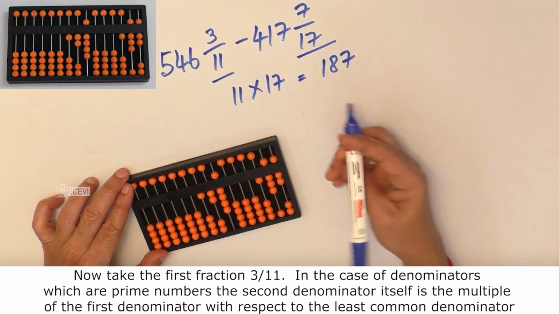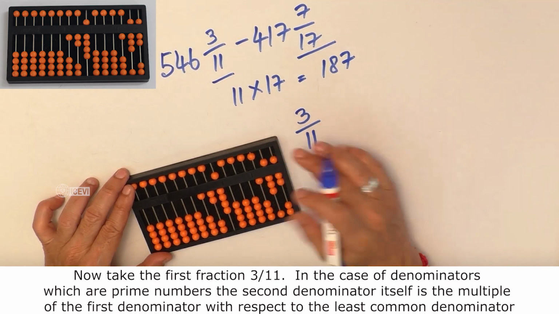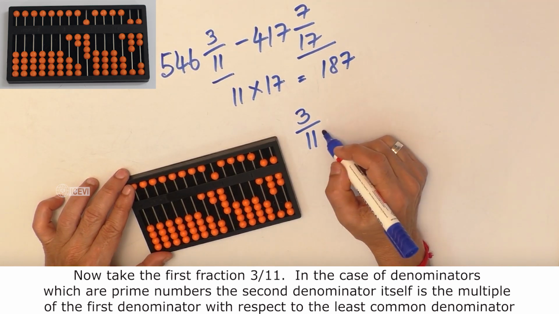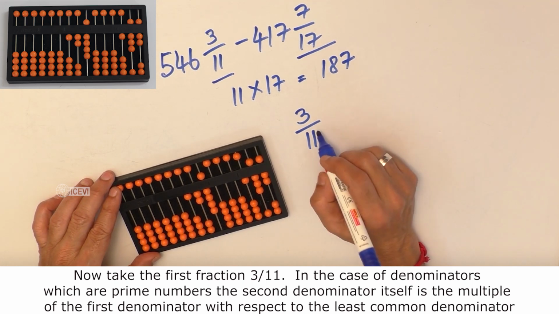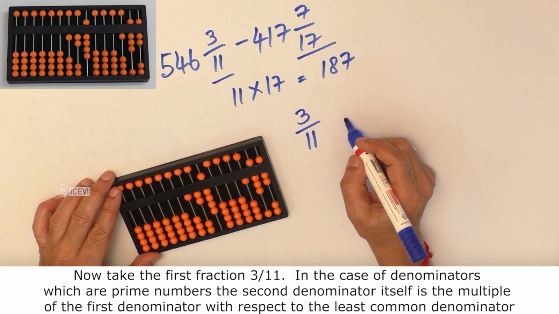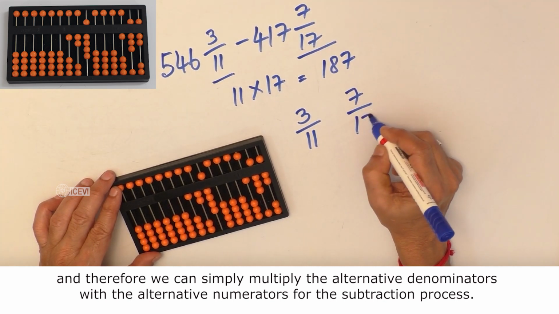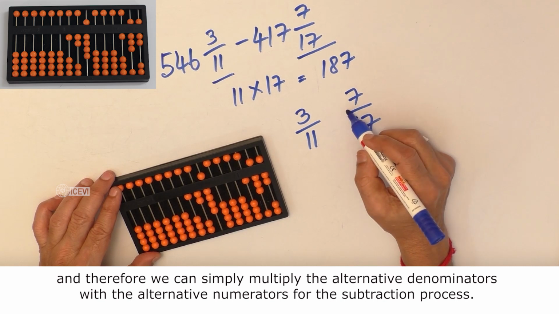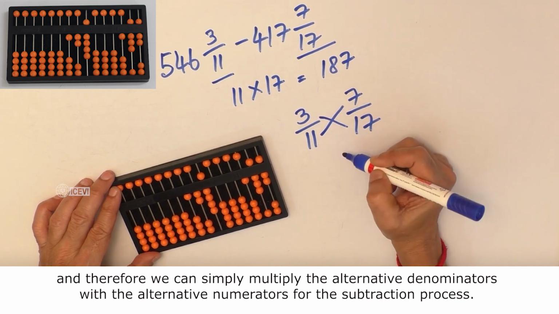Now take up the first fraction 3 by 11. In the case of denominators which are prime numbers, the second denominator itself is the multiple of the first denominator with respect to the least common denominator, and therefore we can simply multiply the alternative denominators with the alternative numerators for the subtraction process.